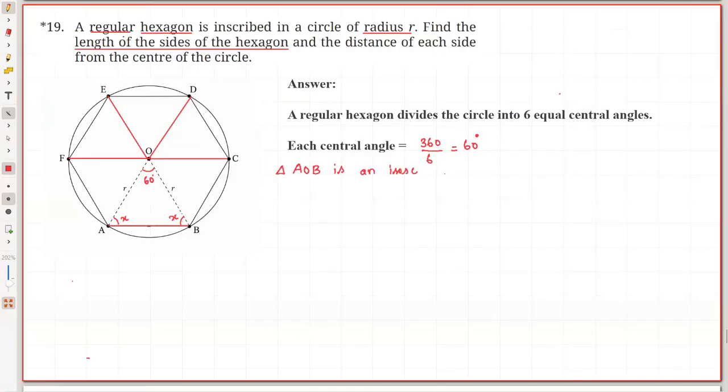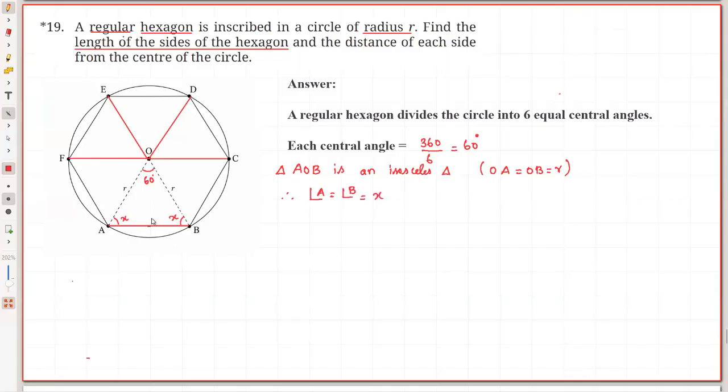The reason is the radii are equal: OA is equal to OB is equal to R. So two sides are equal, I can say this is an isosceles triangle. If it's an isosceles triangle, base angles are equal. Therefore I can say angle A is equal to angle B is equal to, I am just taking this as X.